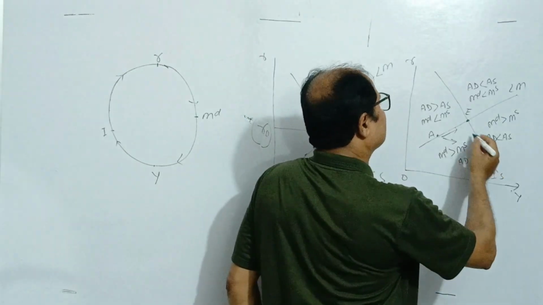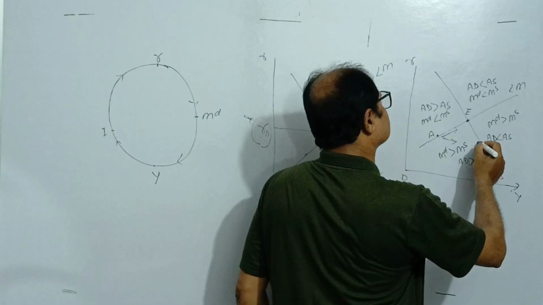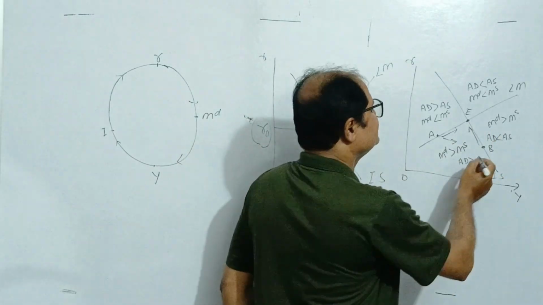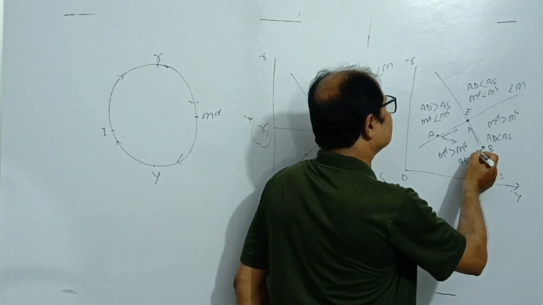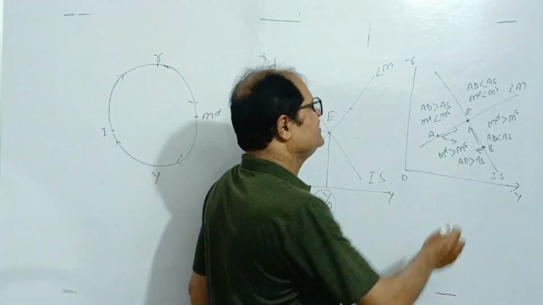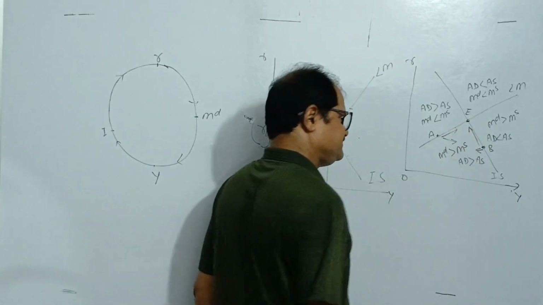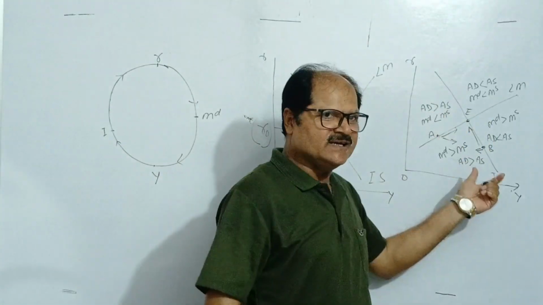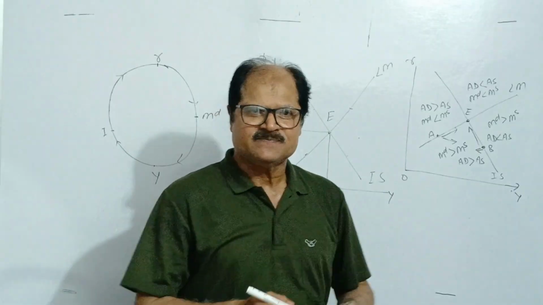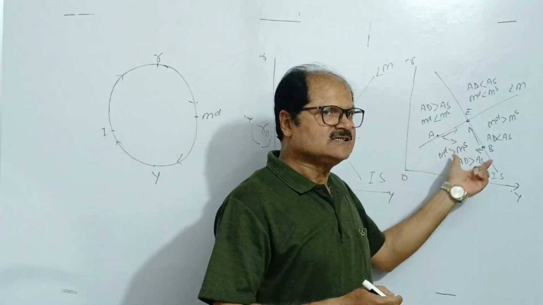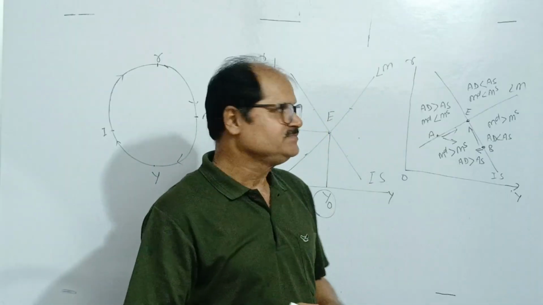In this case, the adjustment process goes on in such a way that rate of interest will increase, but income will decrease, and the process continues till we reach this point. So from this diagram we can explain how the adjustment process takes place when we are in condition of disequilibrium.